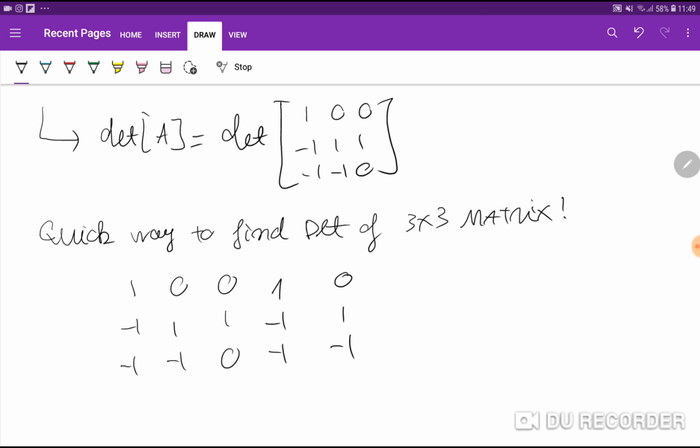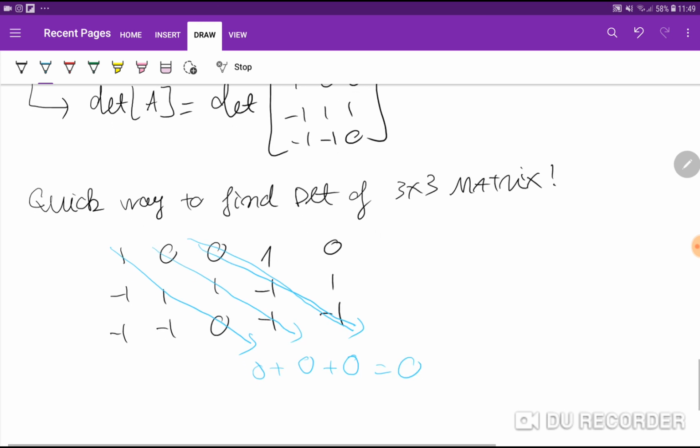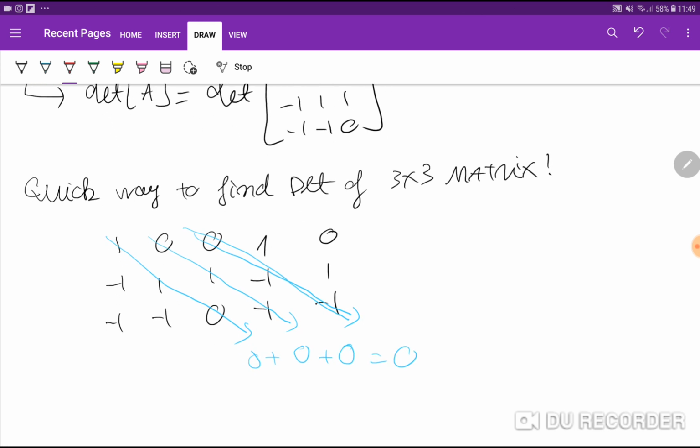So what you're going to do is cross multiply. Blue times it, this becomes 0. You cross these and multiply all of them, they become 0, and then you add all of them, it becomes 0. Similarly, you do the same thing from left to right.